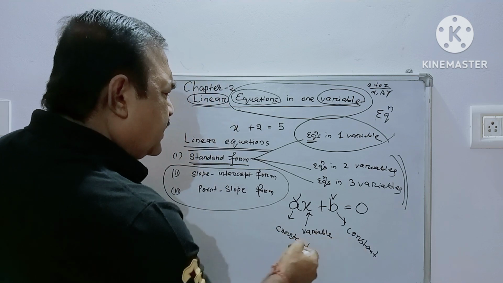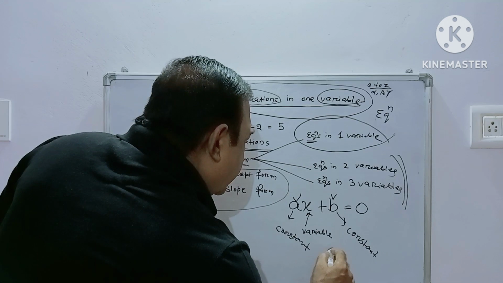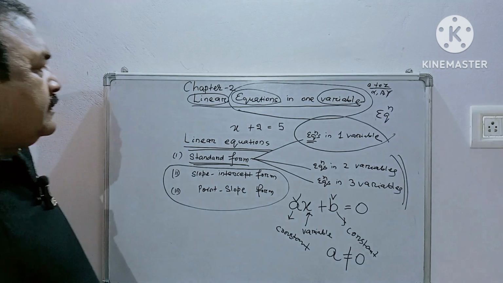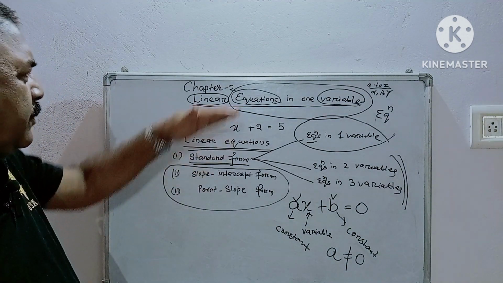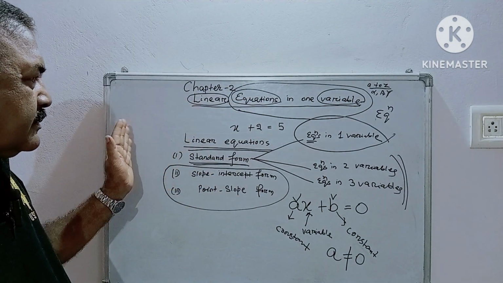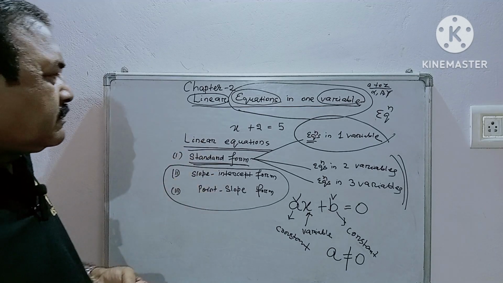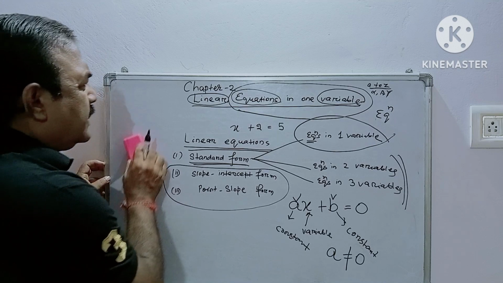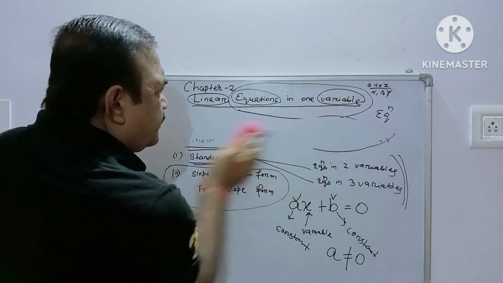It may be the same, but they are constants. And the most important thing is a is not equal to 0. If required, you may take the image of it. Because there is no space, I have to write something.